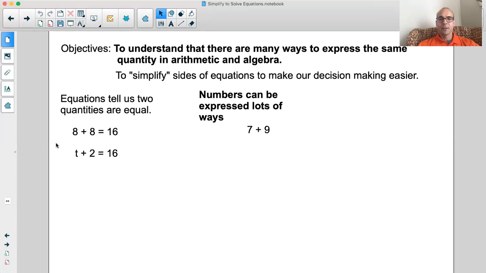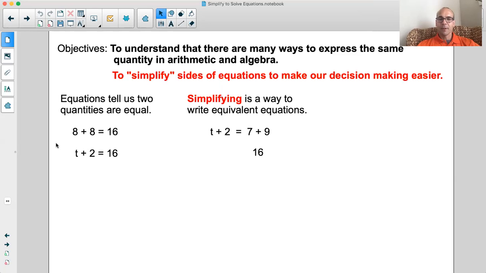So there are lots of ways to represent the same number, but you use the one that's convenient for your job. And if your job was solving an equation, I don't think that saying that t plus 2 is equal to 7 plus 9 is the easiest way to say what you know. I think if we knew that, it would probably be easier for us to say that t plus 2 is equal to 16.